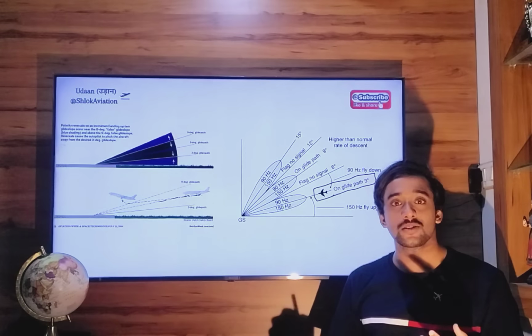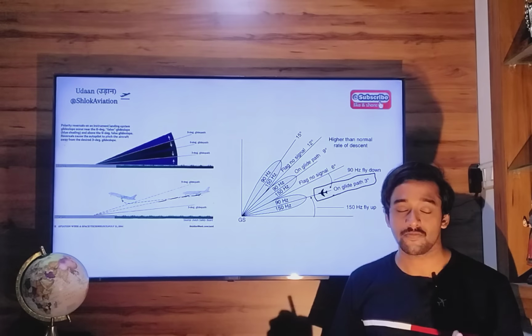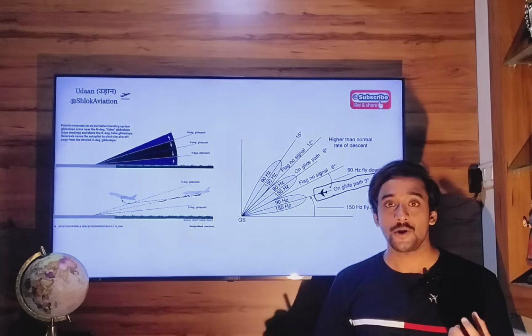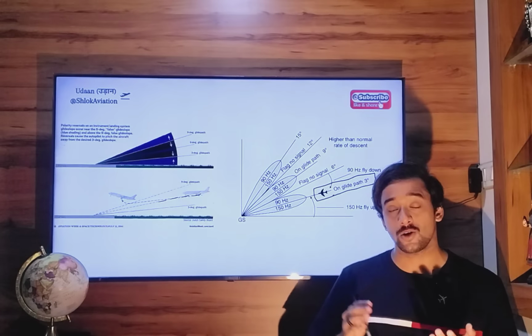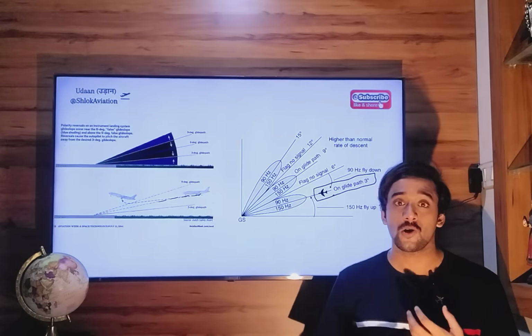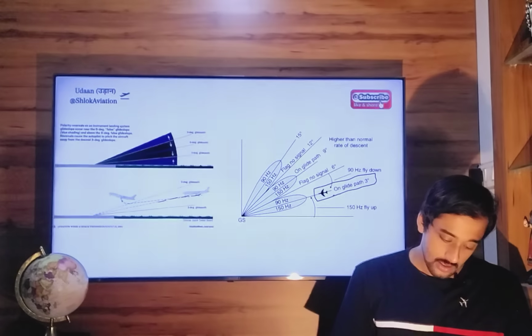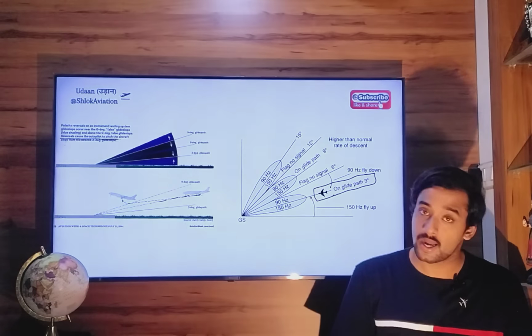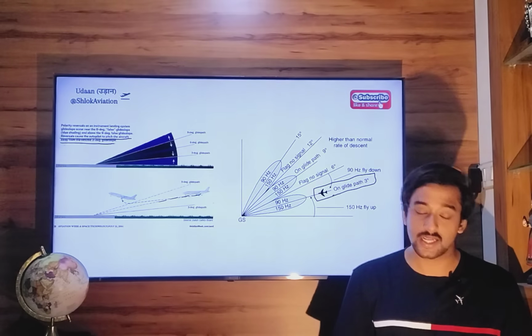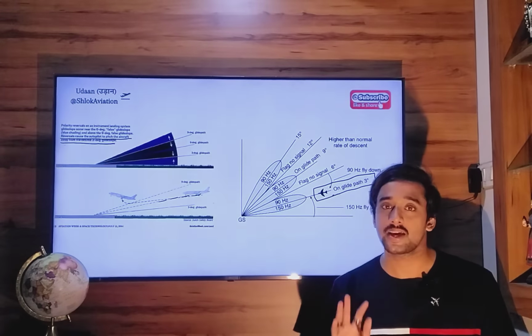They may ask you this question in your ATPL Viva exam or airline Viva exam: how do you come to know whether you're following the correct signal or the false signal? You can tell them this answer: reversals cause the autopilot to pitch the aircraft away from the desired correct 3-degree glide slope.